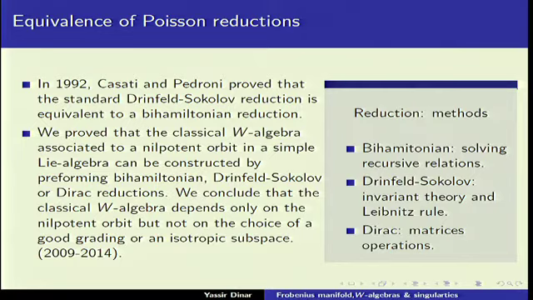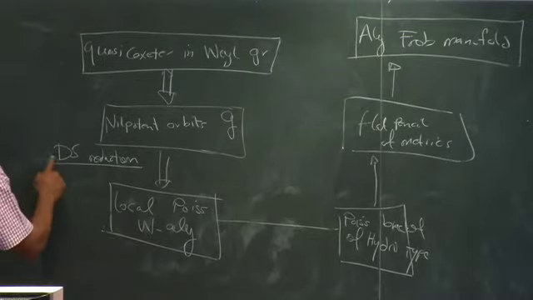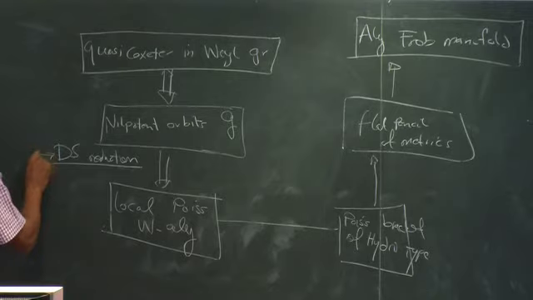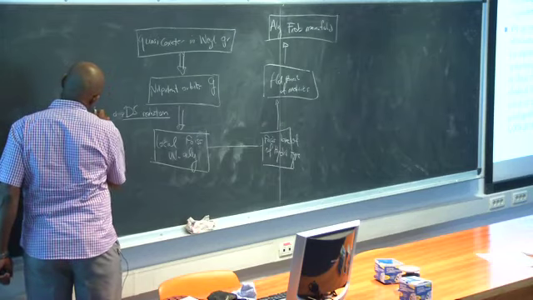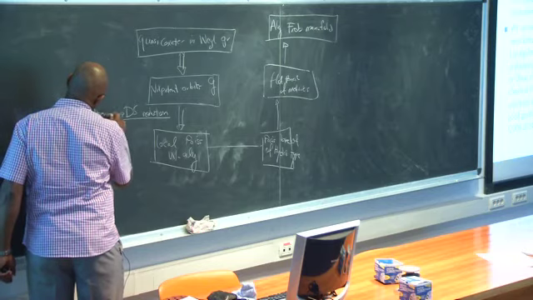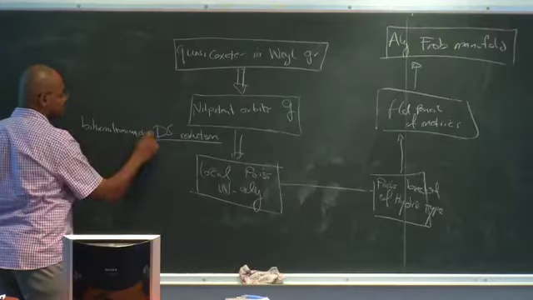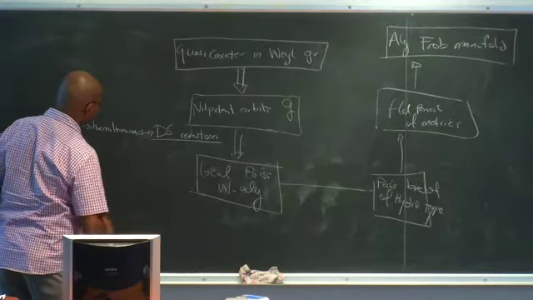So we proved that these classical W-algebras can be constructed in 3 different ways. You have the Drinfeld-Sokolov reduction. You have Hamiltonian reductions. The equivalence was initiated by Bernardoni and Casati.